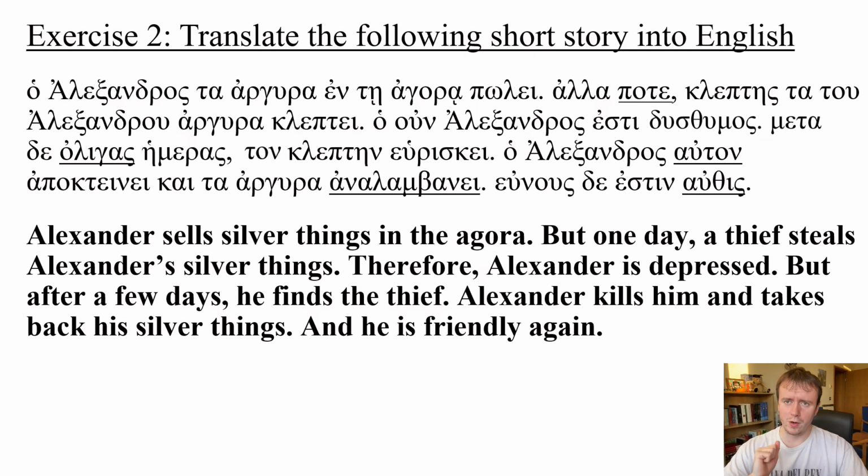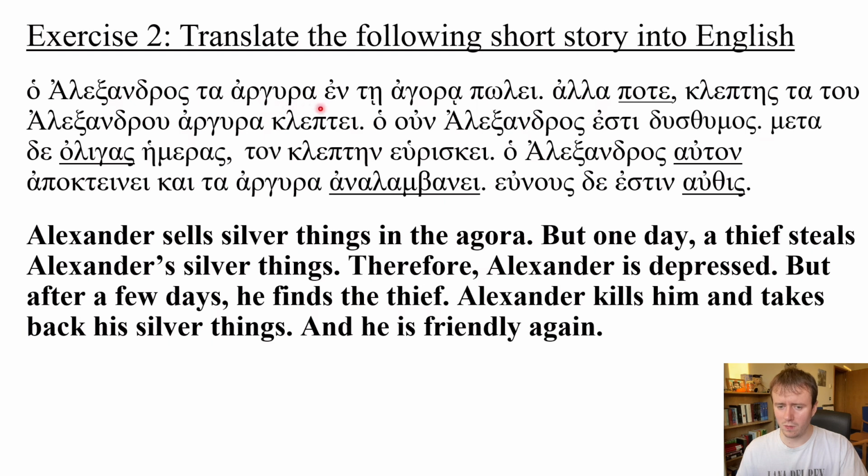To quickly run through how we know it means this, or something similar to this, in the first sentence, Alexander is the subject. The verb is porle, which means he, she, or it sells, from porleor, it's a contract verb. So Alexander sells ta argura. Here we have the definite article with an adjective, in particular a contract adjective, but we don't have any noun going with it.